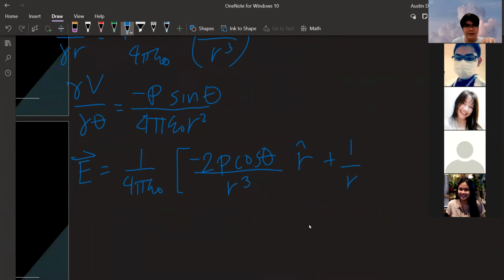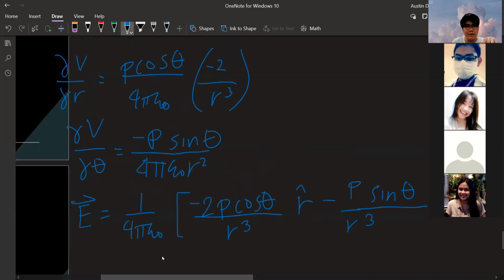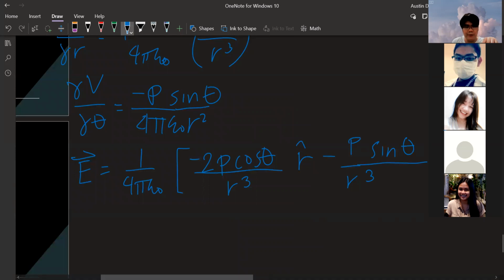But this is negative. Then I'll have my P sine theta over r squared, so r cubed also. Amazing. Then theta hat. I can factor out P and r cubed.